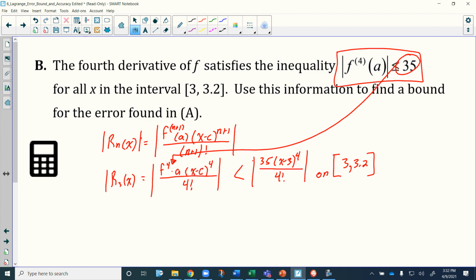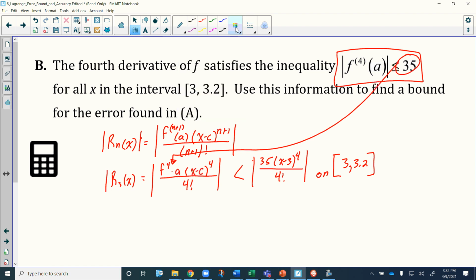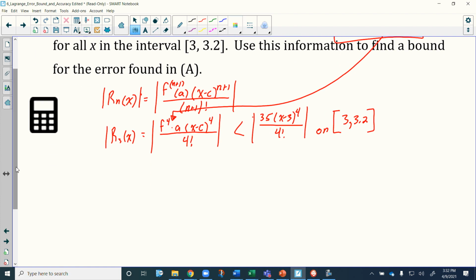In this case, now we're going to take our value that they're giving us for x, and we can substitute it into the expression. So the absolute value of the remainder of the third degree polynomial when x is equal to 3.2 must be less than or equal to this expression that we just got, the 35 times x minus 3 to the 4th power over 4 factorial.